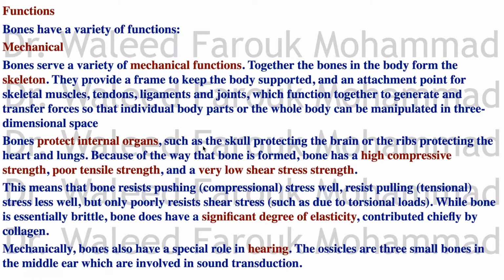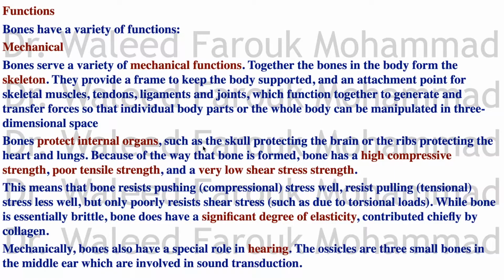It means that the bone resists pushing or compression and resists pulling, but less well than pushing or compression, and poorly resists shear stress. While the bone is essentially brittle, bone does have a significant degree of elasticity, contributed chiefly by the presence of collagen fibers in its matrix.